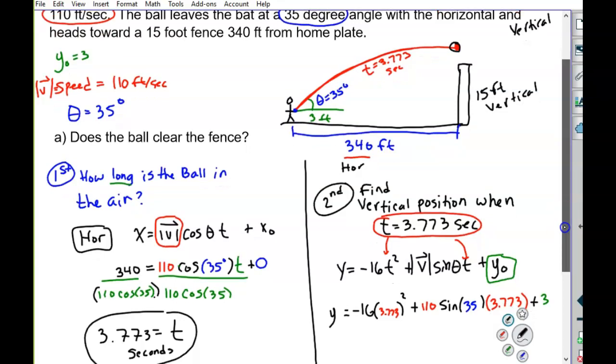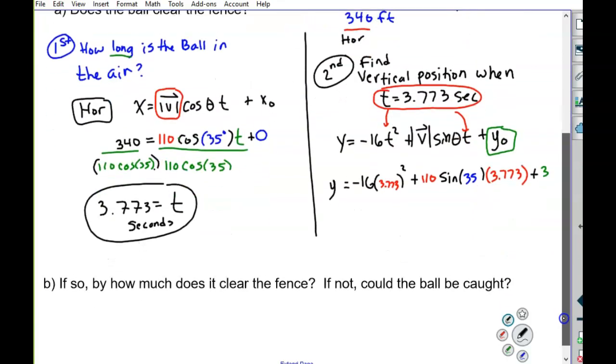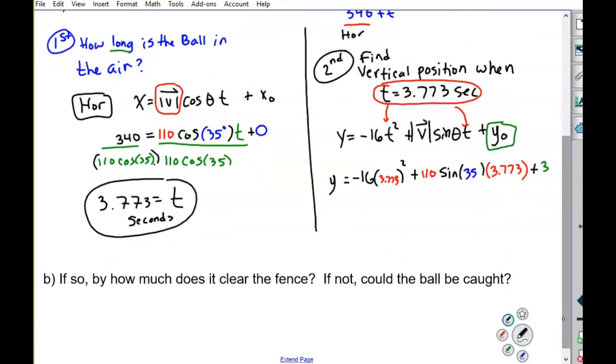And clearly, this is just a sketch. So my sketch might be misleading. I don't know if it does clear or not. But let's plug everything into our calculator. And we're just going to simplify it. So you can go ahead and plug all that in.